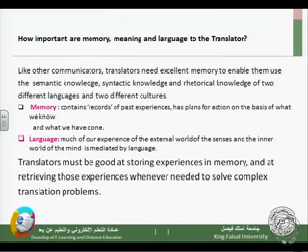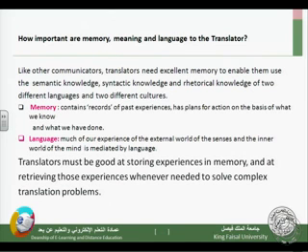The same, a translator needs, but more probably than a monolingual, a translator needs excellent memory to enable them, or to enable him to use the semantic knowledge and the syntactic knowledge and the rhetorical knowledge of two different languages and two different cultures. Now, as a translator, you need a very powerful memory.